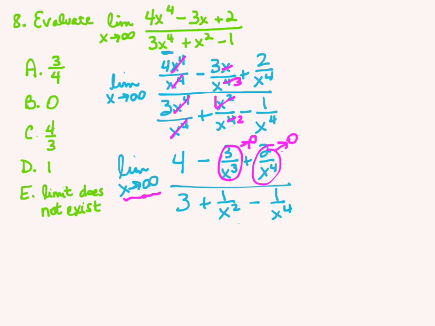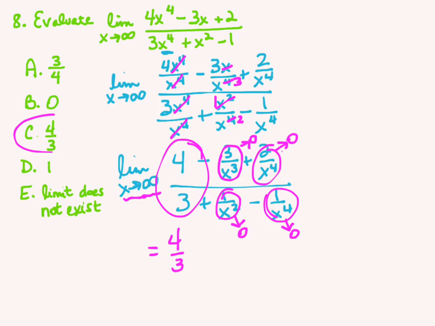The denominator is getting infinitely large, so the fraction is getting infinitely small. Same thing down here. All of those fractions are going to 0, and so you can see what I'm left with here is 4/3. And so my limit is 4/3. My answer is C, 4/3.